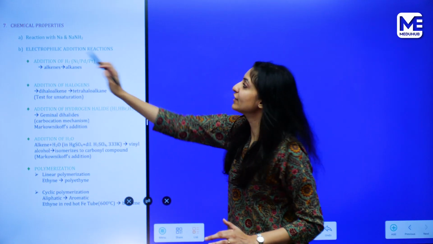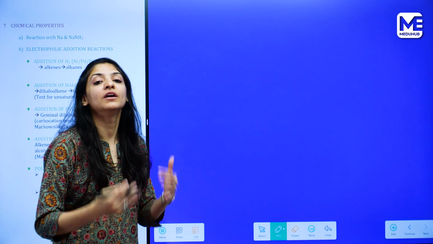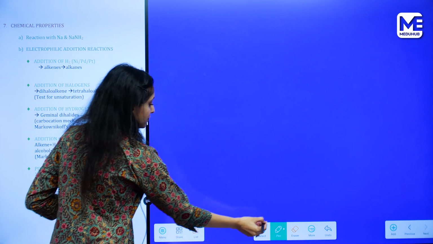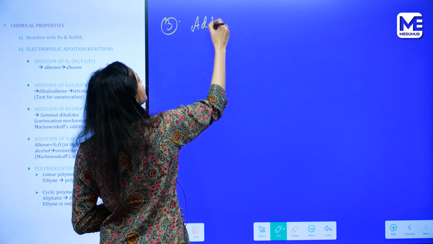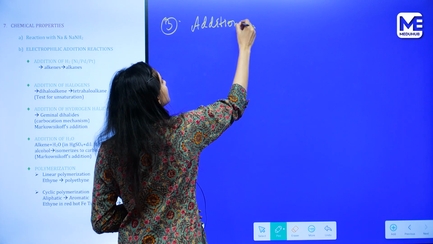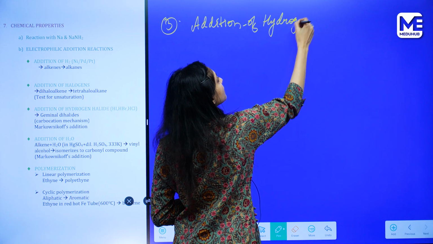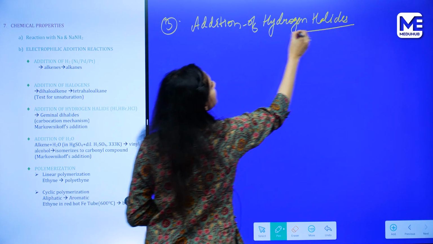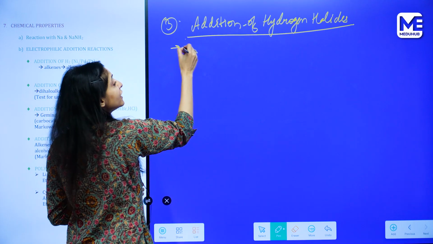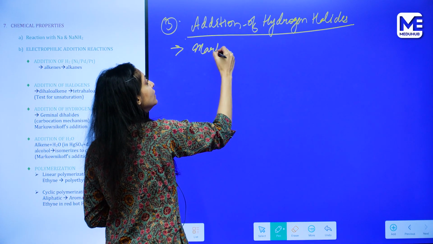The third reaction in electrophilic addition reactions that you have to study is addition of HBr, HCl or HI. For addition of hydrogen halide, this is an electrophilic addition reaction which follows Markovnikov addition rule.